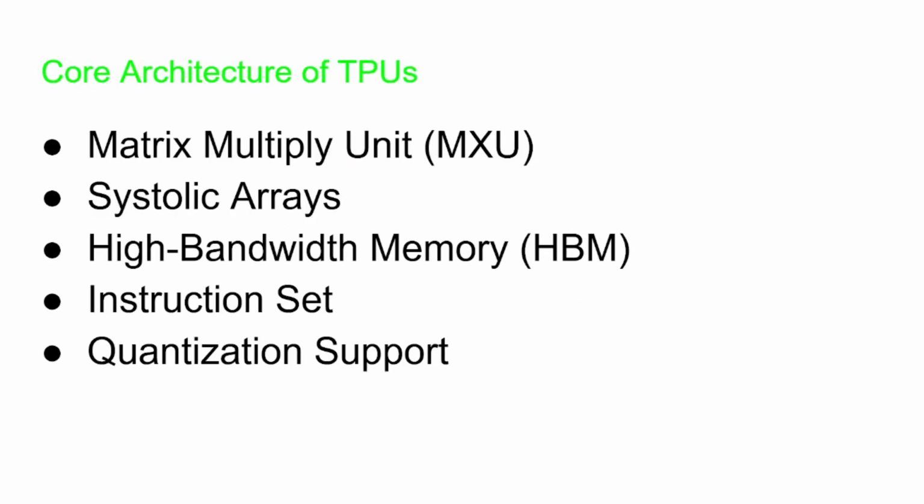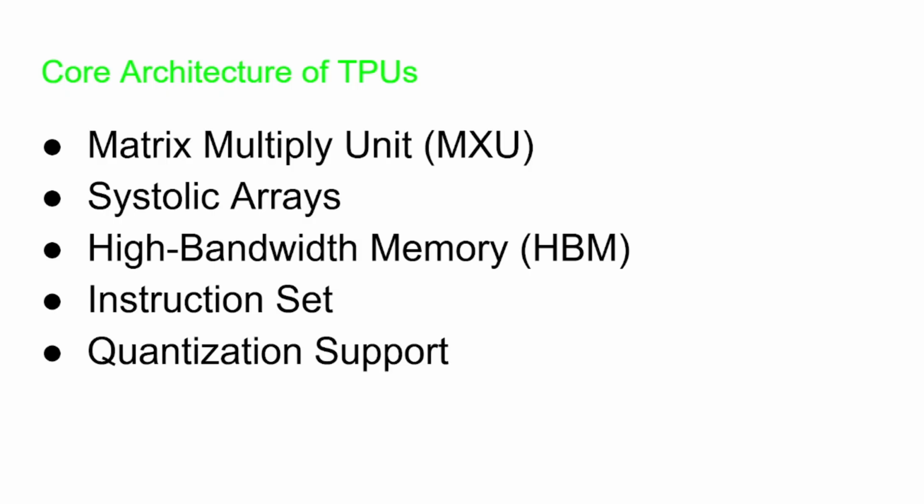Now the core architecture of the TPU. To understand it, let's look at how the architecture is designed. First, the Matrix Multiplication Unit, that is the MXU. The MXU is the heart of the TPU. Neural networks rely heavily on matrix multiplication. It multiplies the weight matrix with the input vectors.